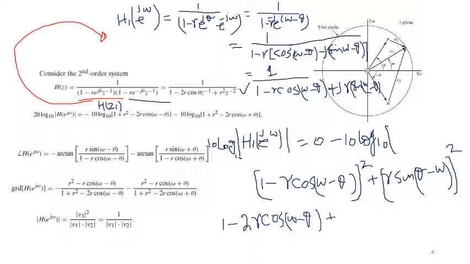So b squared will be r² cos²(ω−θ), and again this one, r² sin²(ω−θ). That's ω minus θ, not θ minus ω.